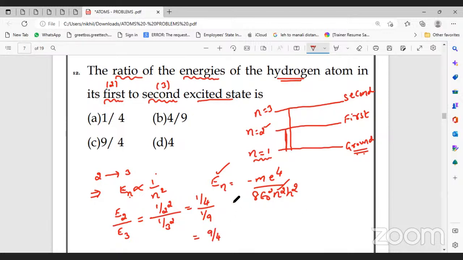The 9 goes to the numerator. So the ratio of the energy in the first excited state to the second excited state is 9:4. That is option C. Got it?